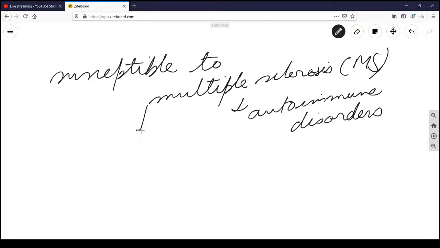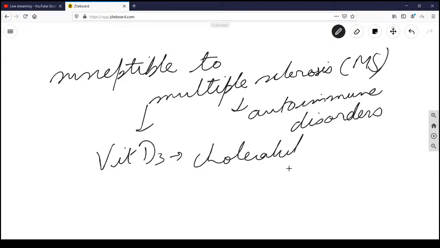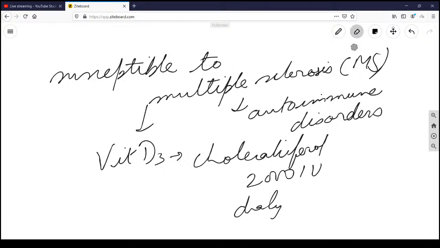So here, if that person takes vitamin D3, cholecalciferol, at least 2000 international units, known as 2000 IU daily, then that person would remain protected for his entire life. He may not develop it. Again, it's an environmental thing because vitamin D is causing what?